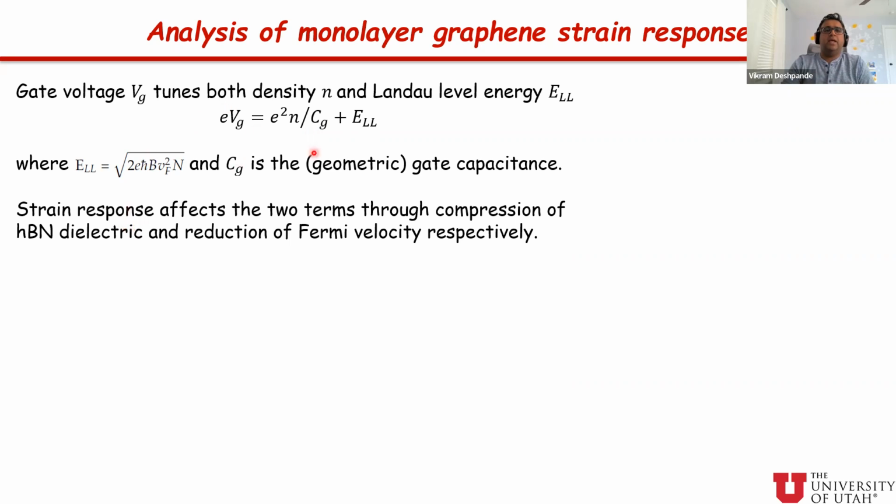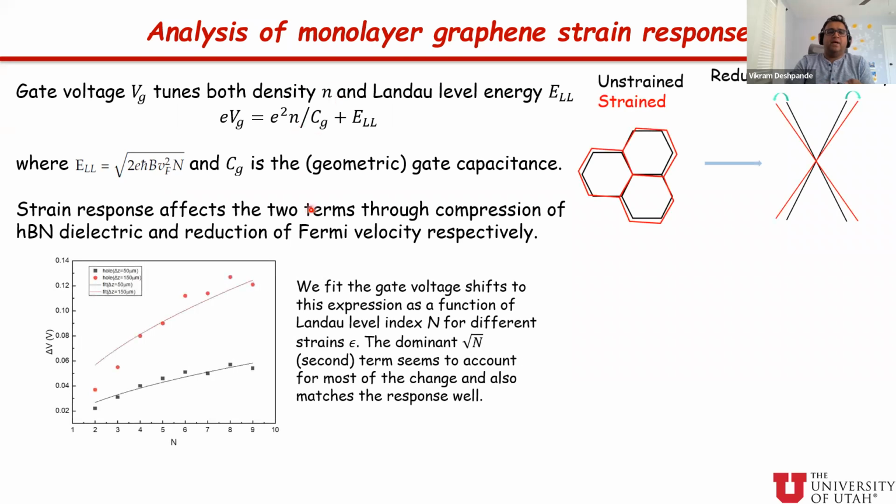And secondly, it can affect the second term, because strain stretches out the bonds in the sample, and thereby reduces the hopping parameter, which then reduces the Fermi velocity. Okay, and so this is the second mechanism by which strain can affect these samples. Fitting our data to this model, we find that it's the second mechanism that dominates by almost an order of magnitude over the first one.